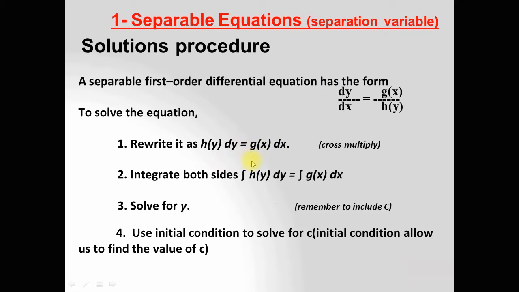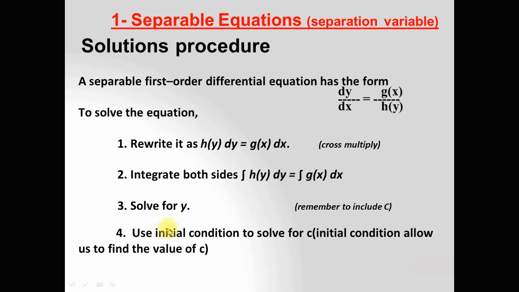Now since separation of variables is possible in this differential equation, after separation, take the integration on both sides: the integration of the h function with respect to y and the integration of the g function with respect to x. Then, applying integration, you will get the solution of this differential equation for y.